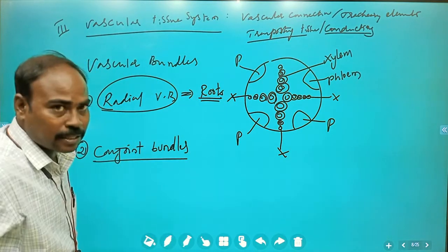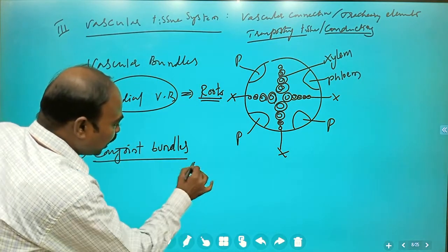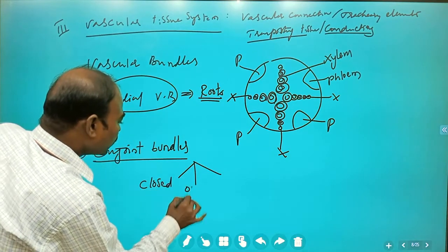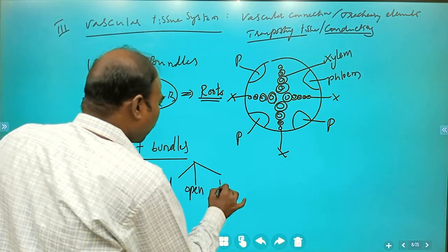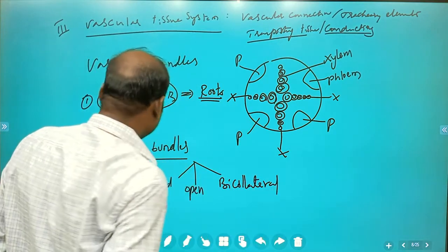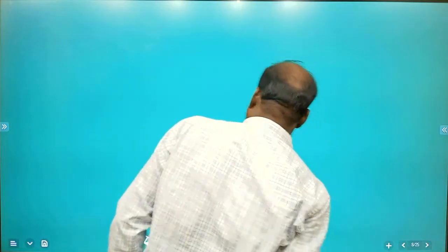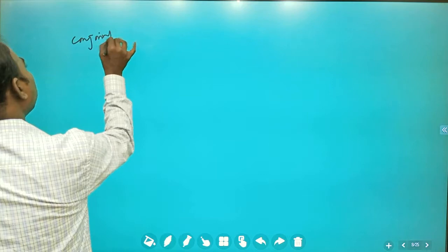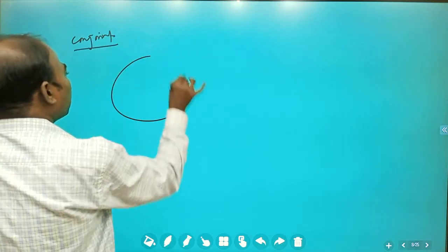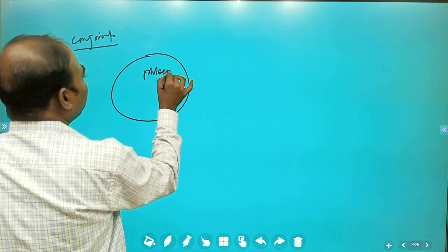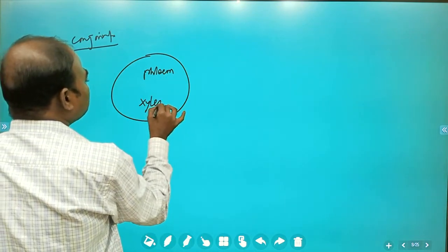Whereas conjoint bundles are again of three types: conjoint closed, conjoint open and bicollateral bundles. Conjoint means xylem and phloem are situated on one side, phloem and xylem.